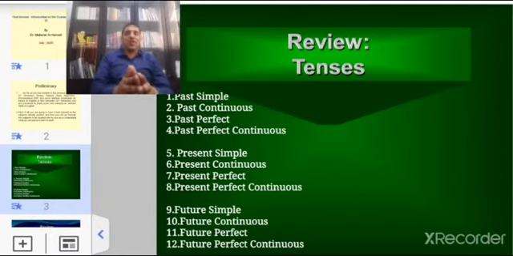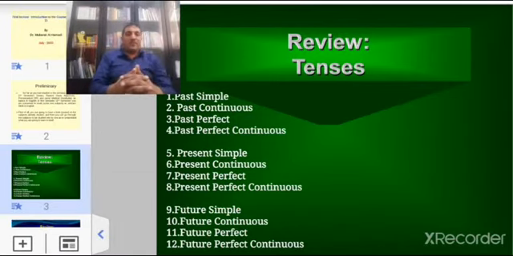Okay, here we have future continuous. In future continuous, we have to decide the beginning of the action. For example, today from 10 o'clock I'll be teaching you, for example, present perfect continuous. So I decided at the time of starting the action.